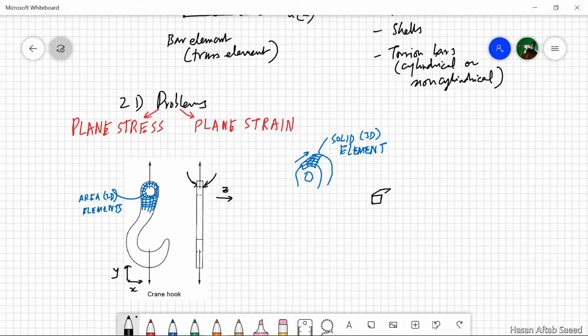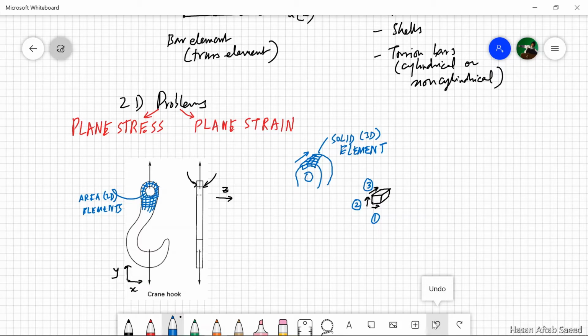Aspect ratio means for a 3D, 3 dimensions, 1, 2, and 3. These, for any element, they cannot be drastically different from each other. There are problems of conditioning, and accuracy is adversely affected if the aspect ratio is too high. So we need to keep the aspect ratio in check.